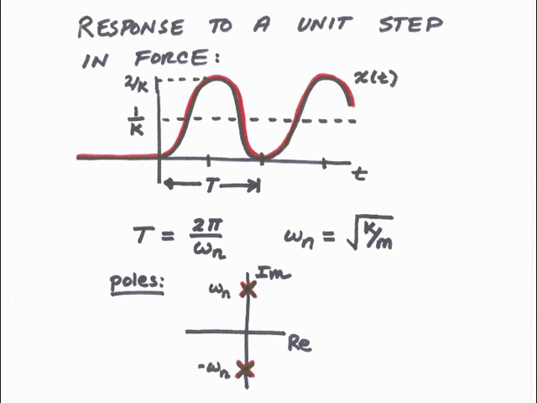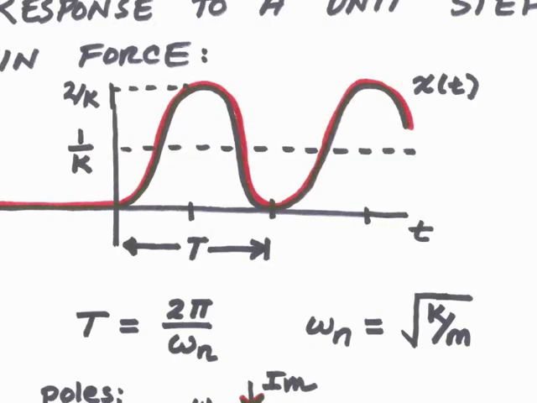If we apply a unit step in force to the system, we'll get the following response. And this can be easily solved for by setting F sub i of s equal to 1 over s, that is the Laplace transform of the unit step, multiplying by the transfer function G of s, then doing partial fraction expansion, and going to the Laplace transform table to take the inverse Laplace transform.